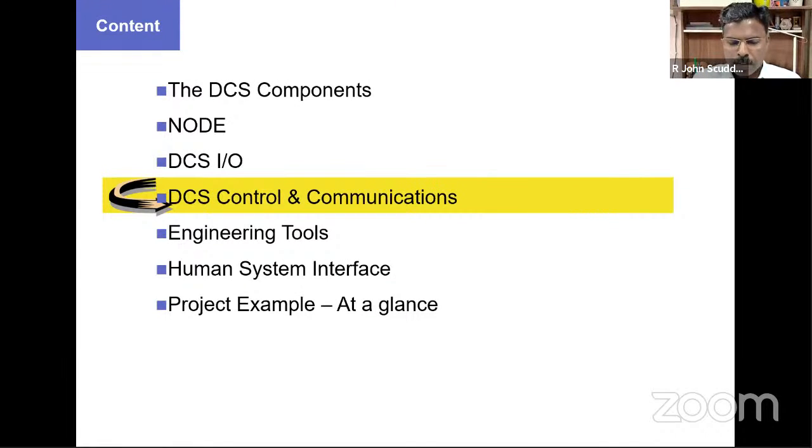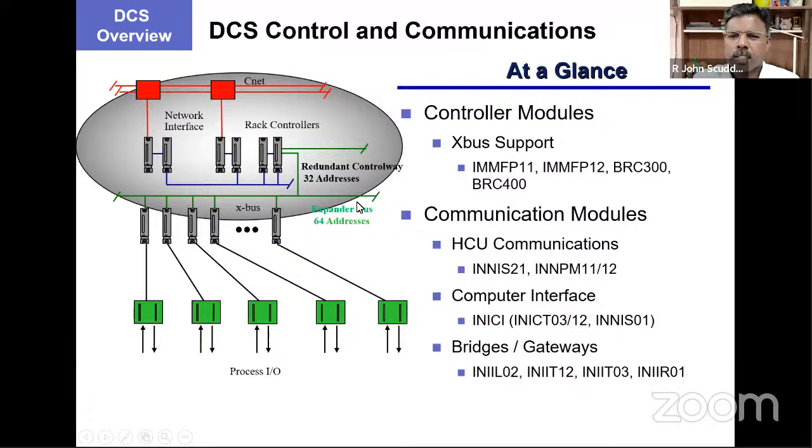As I told you, apart from IO modules, we have the control and communication modules also. We are not going to go into much detail, but without these, they are not able to communicate with the control network. As I told you, any node should sit on the control network. So they will have their own network interface modules, and they will have the rack controllers.